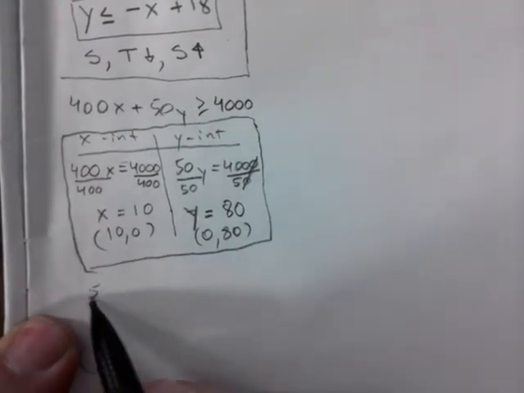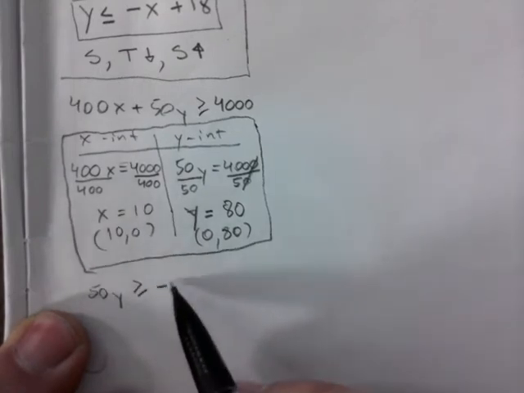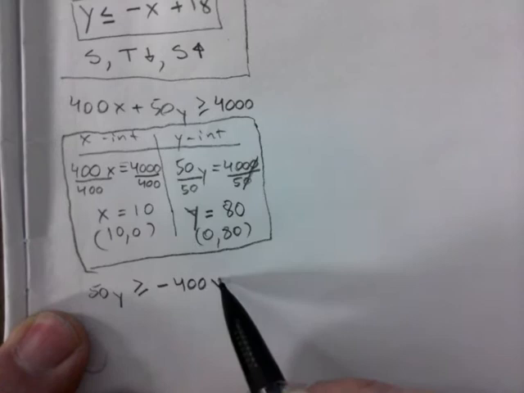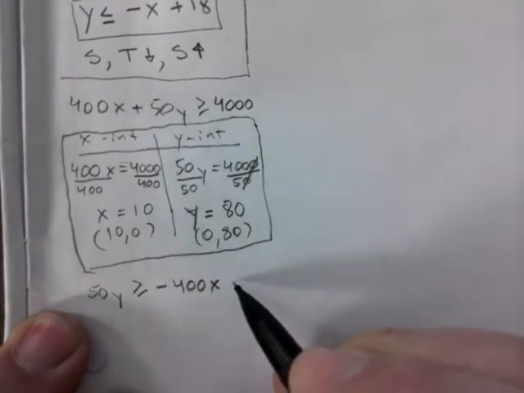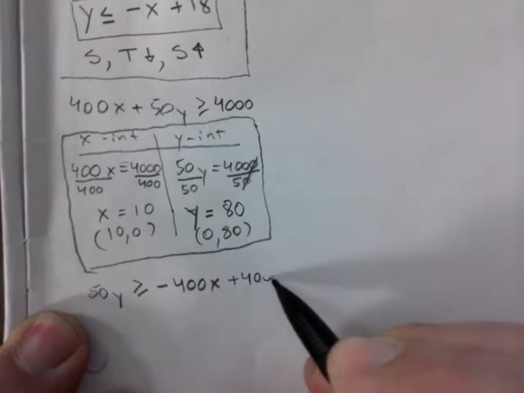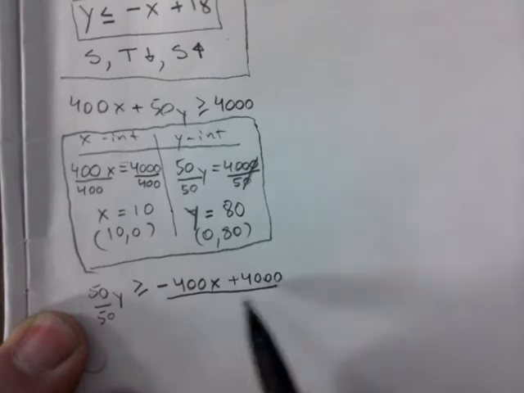So now we're just going to go 50y is greater than, make sure the sign is the correct way. I'm bringing the 400x over negative, and I'm tacking the 4,000 right on. Divide everything by 50.